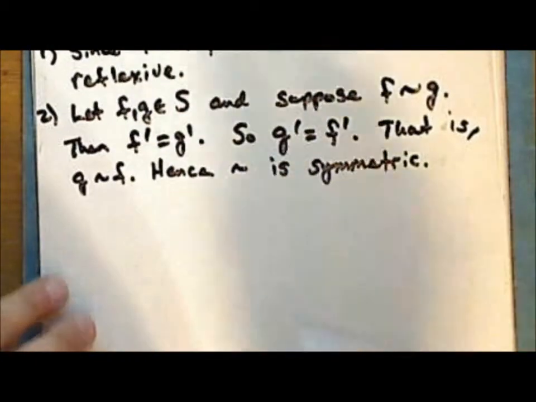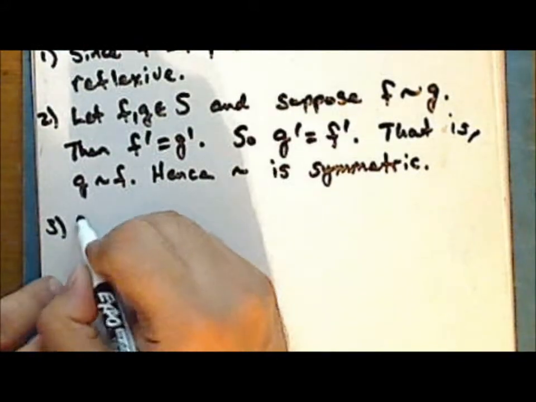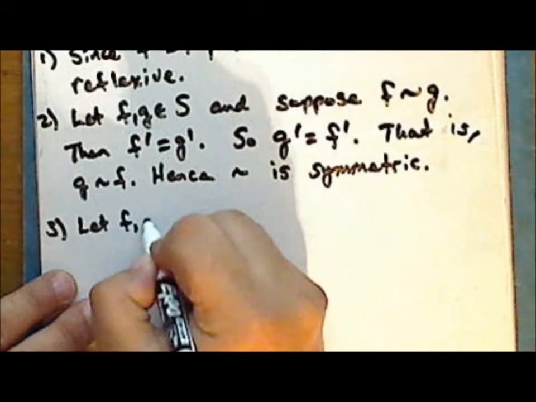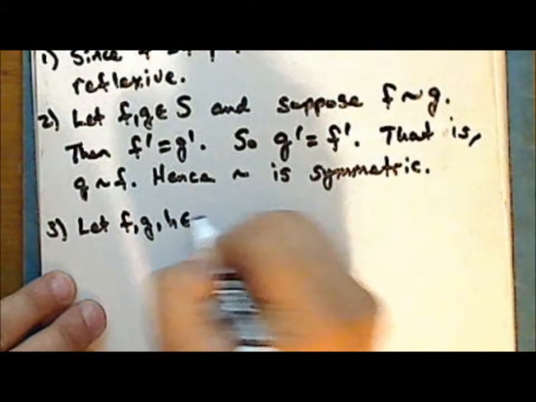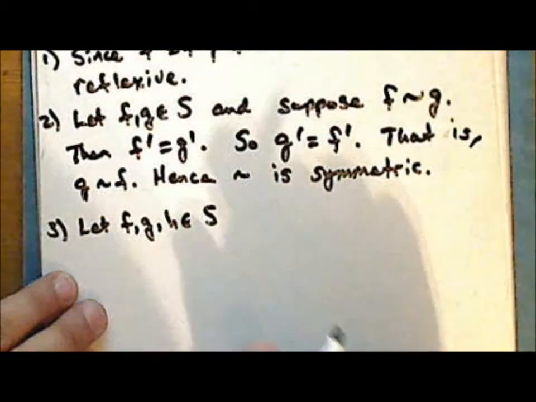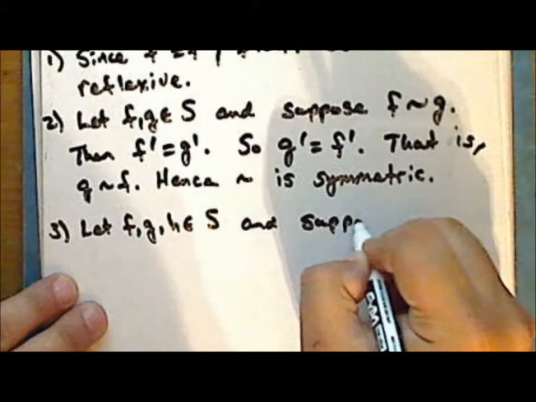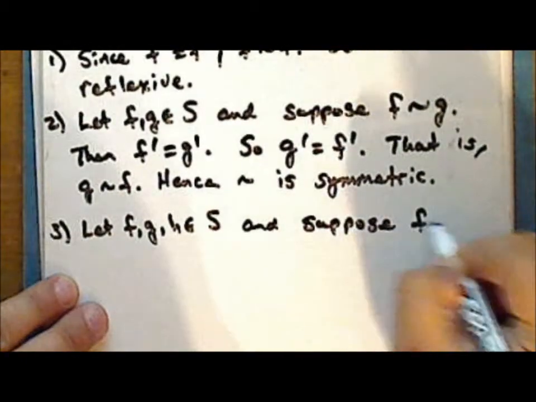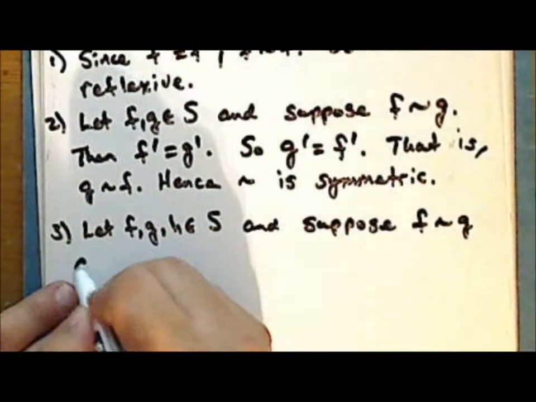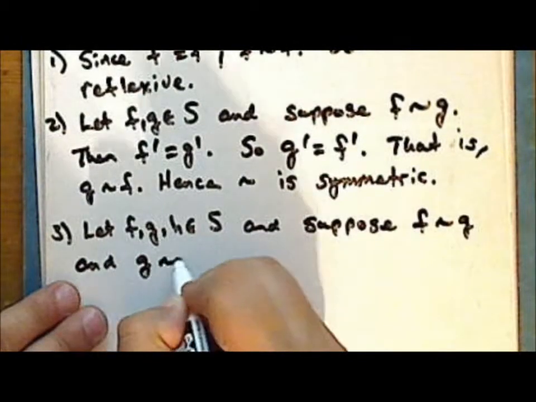Okay, third, let f, g, and h be polynomials with real coefficients, and suppose that f is related to g and g is related to h.